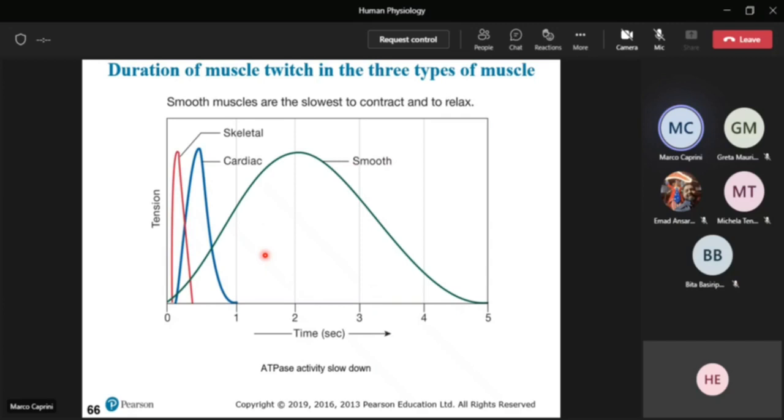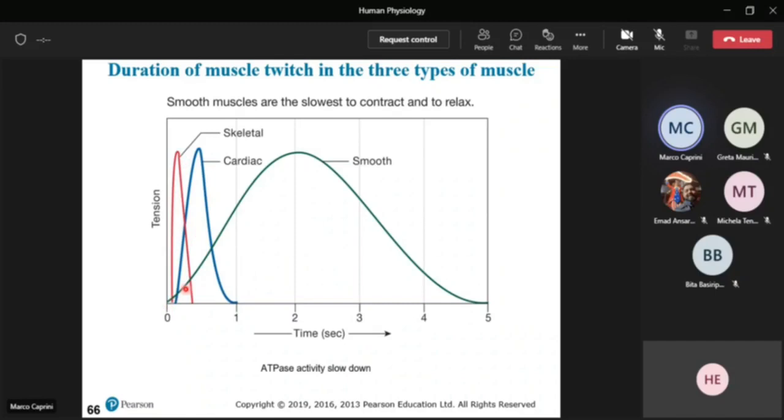If you pay attention again to this graph, there is another characteristic of the smooth muscle cell that is really appreciable: the force developed from the muscle cell is not so rapid compared to the tension originated by the skeletal muscle.